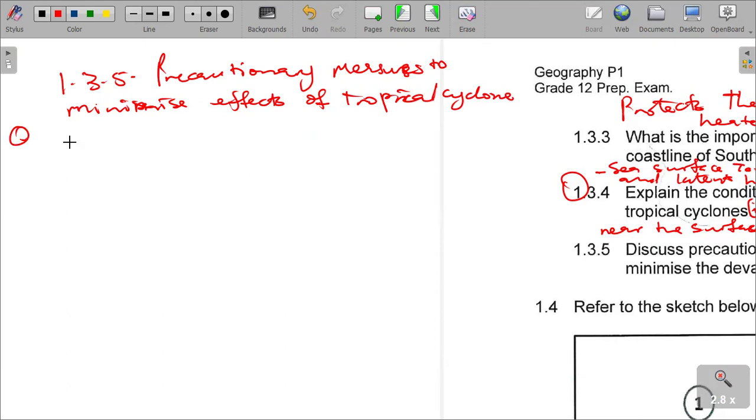What are the measures that must be put in place? One, ensure that the infrastructure is of good quality.